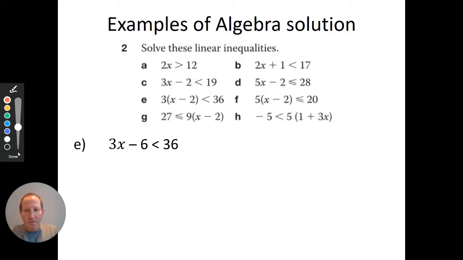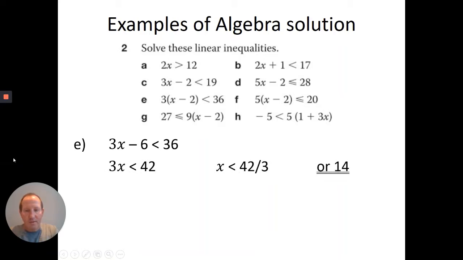So the next line, when I add 6 to both sides, then I'm going to get 6 added on to 36. 36, add 6, 42. Divide through by 3, 42 divided by 3. So I get x is less than 42 divided by 3, or we can just write x is less than 14.